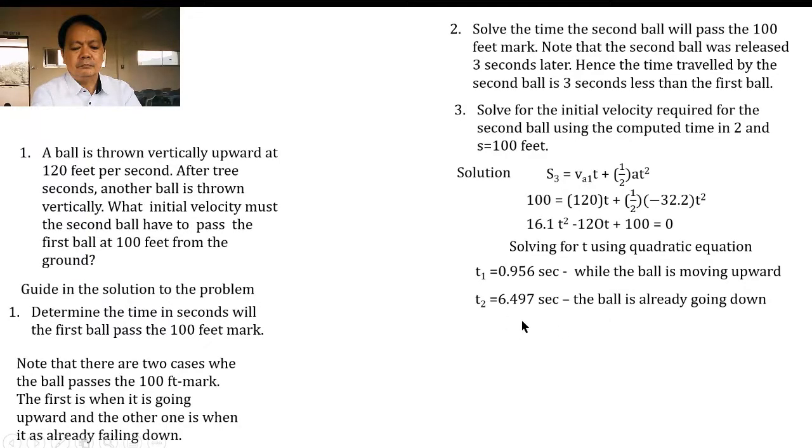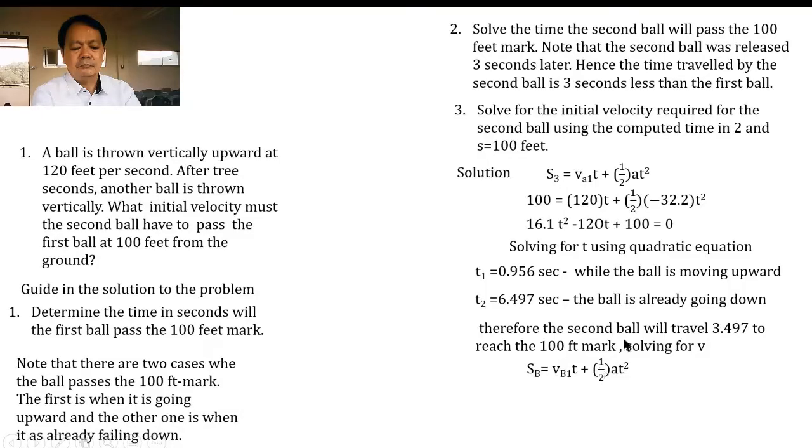Now, from this t sub 2, which is 6.497, if we subtract 3 seconds, because it says so there, the second ball will travel 3.497 seconds to reach the 100 foot mark. Kasi yung second ball daw will be 3 seconds less than the total time that the first ball has traveled while reaching the 100 foot mark. And therefore, the t that the second ball will have will be 3.497.